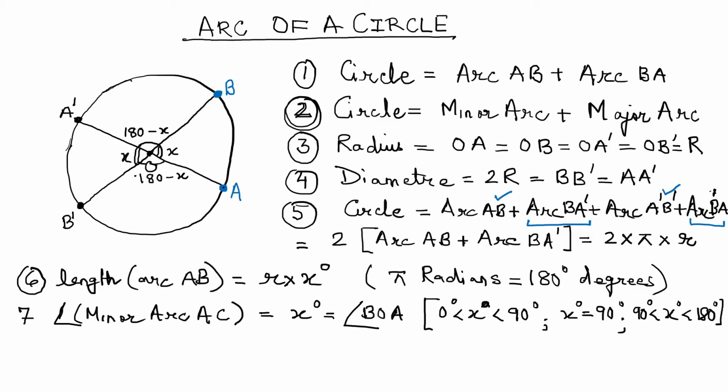In that case, what if x degrees becomes equal to 180 degrees? In that case, it becomes equal to the diameter. So that becomes a point wherein the minor arc is equal to the major arc.